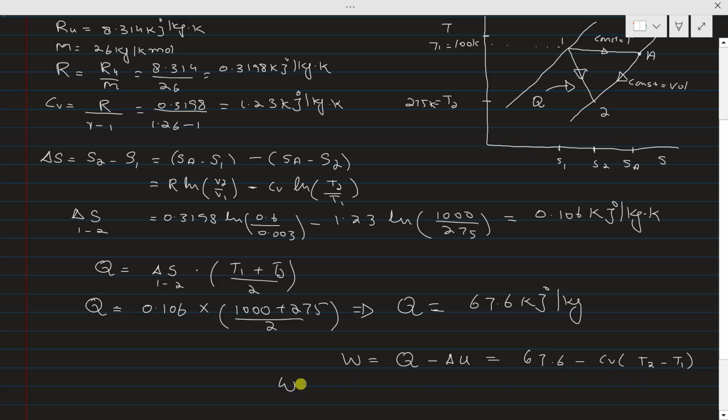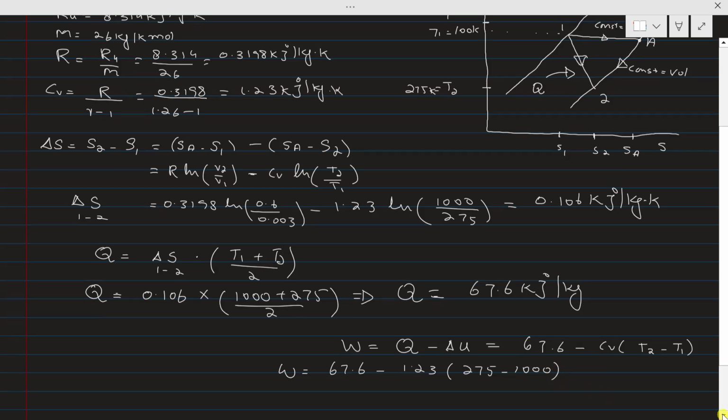For the work done you will obtain 67.6 minus Cv, 1.23, into T2 minus T1, that is 275 minus 1000.